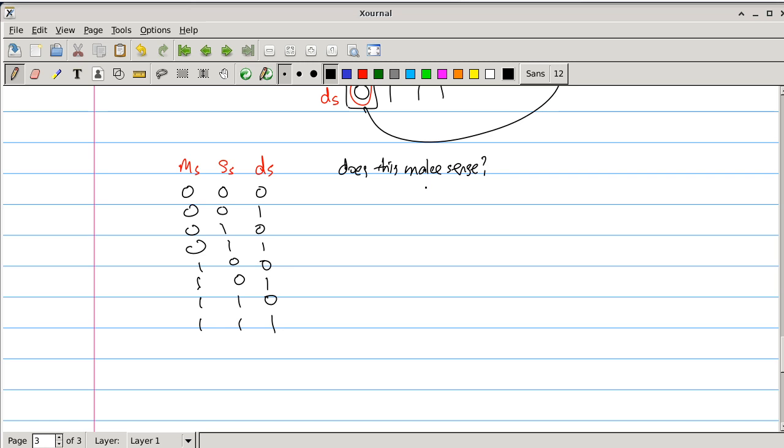So it does make sense. The next one is you start with a non-negative value, you subtract a non-negative value from it, but you end up with a negative value. Can that happen? Let's see. 0, 0, 0, 0, which is representing 0, minus 0, 0, 0, 1, which is representing 1, is negative 1. It can happen.